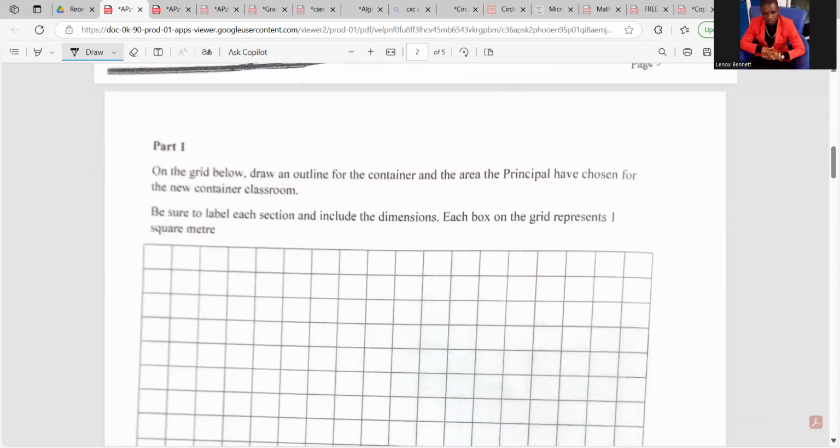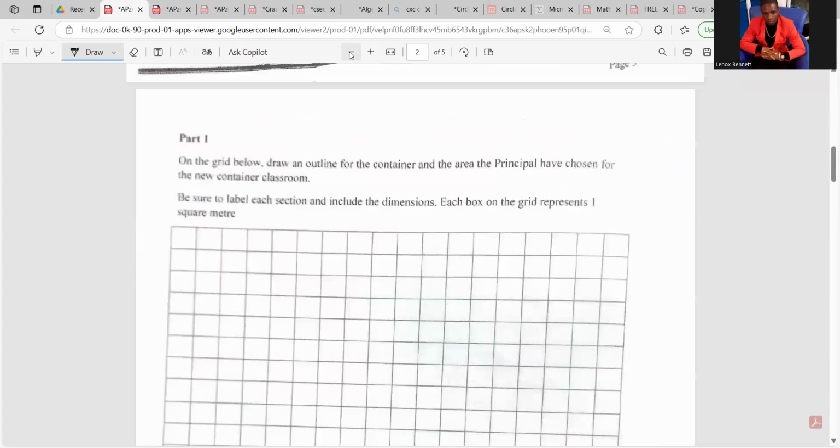Part 1. On the grid below, draw an outline of the container and the area the principal has chosen for the new container classroom. Alright, let's just begin, guys. Bear in mind, we said that the land space is 150 meters square and the classroom should be 60 meters square. So we're going to represent 150. I'm thinking, to get an area of 150, 10 by 15.